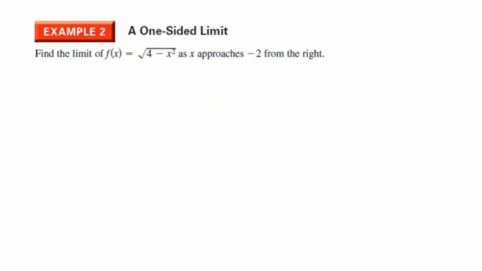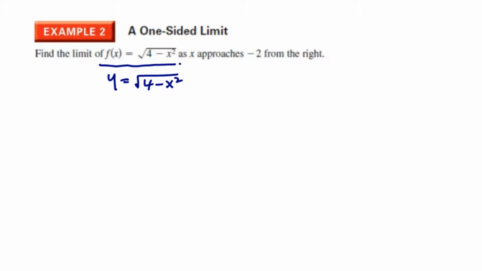Okay, it says find the limit of f of x equals square root of 4 minus x squared as x approaches negative 2 from the right. So let's graph this. What I have is y equals square root of 4 minus x squared.